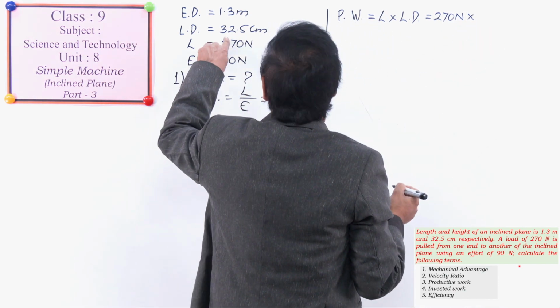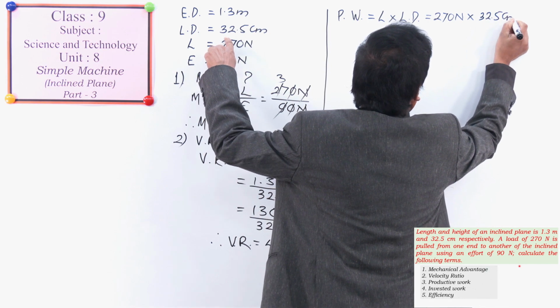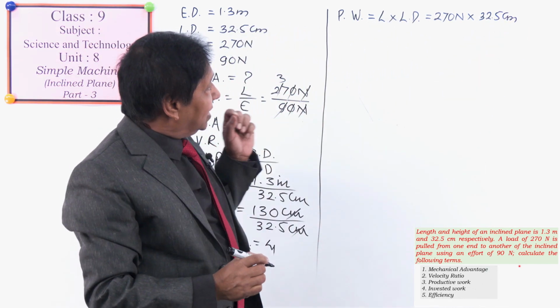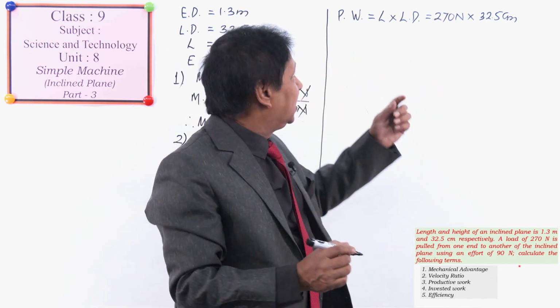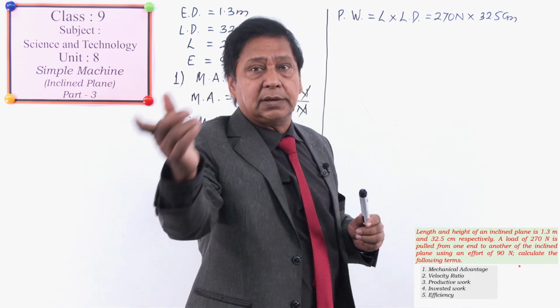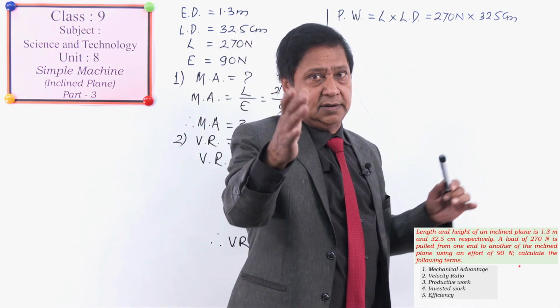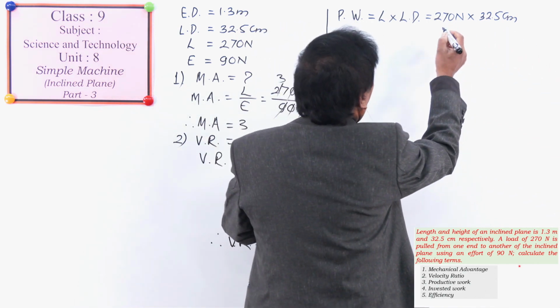What is the value of load distance? 32.5 centimeter. Now here is a little twist. Centimeter doesn't work because work done is measured in joule and Newton meter is joule. Newton centimeter is not joule. That's why we have to convert centimeter into meter. So how can we convert this?